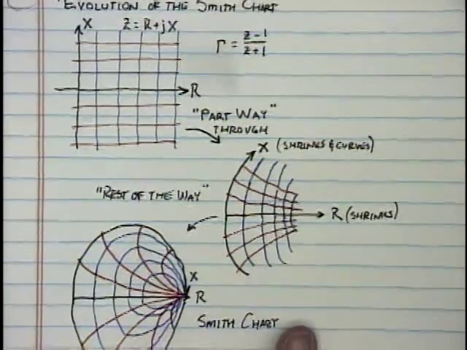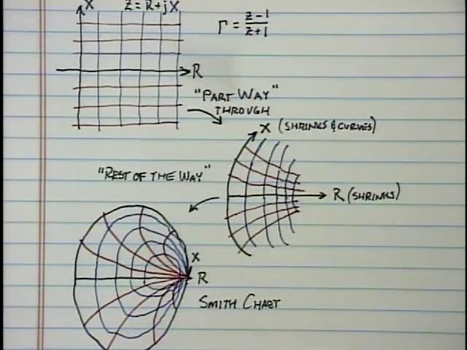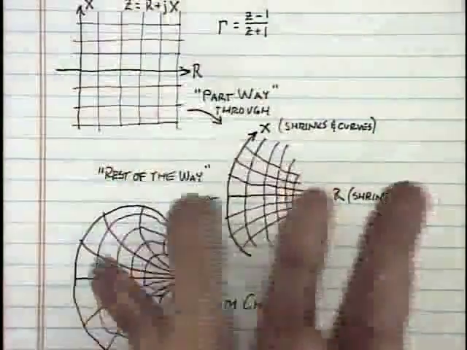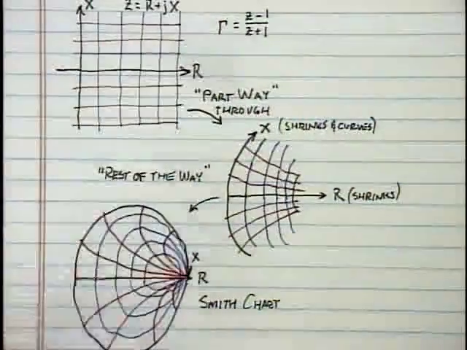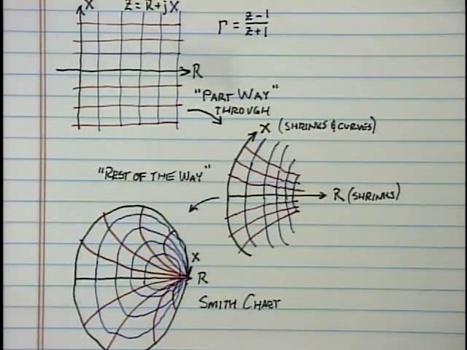So this is the way I remember what the various curves on the Smith chart are supposed to represent. I remember this picture of the right half impedance plane curving in on itself and morphing to become the interior of what we call the Smith chart.